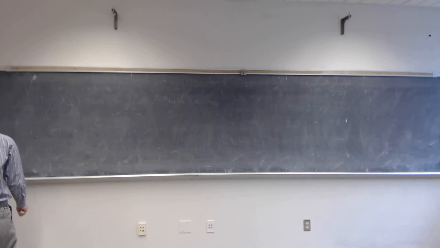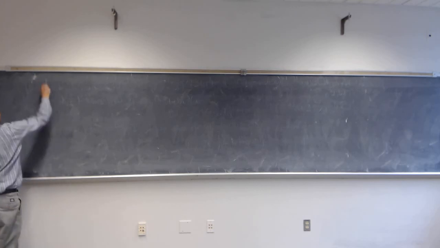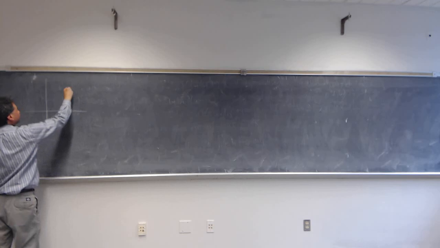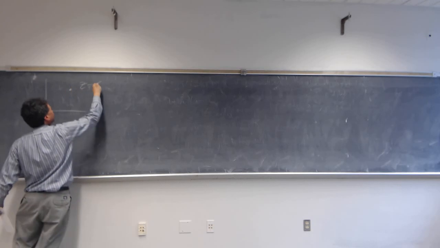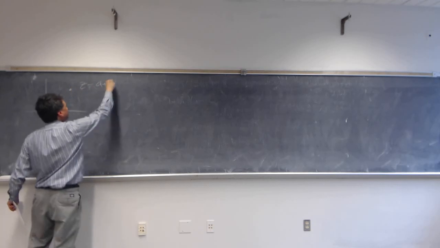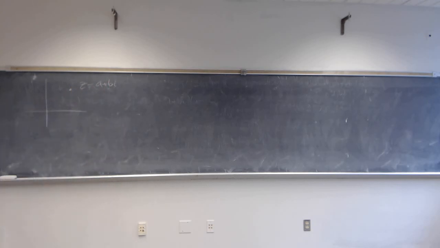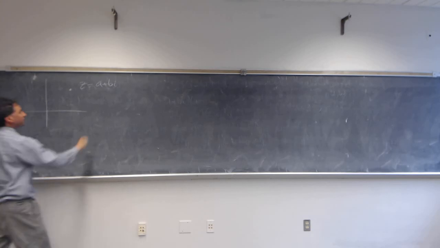Okay, so let's start with this representation. Suppose we have a number z is a plus bi. Another way you can represent that is in polar form.